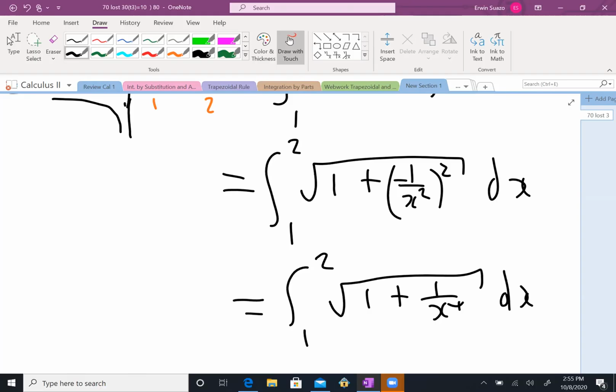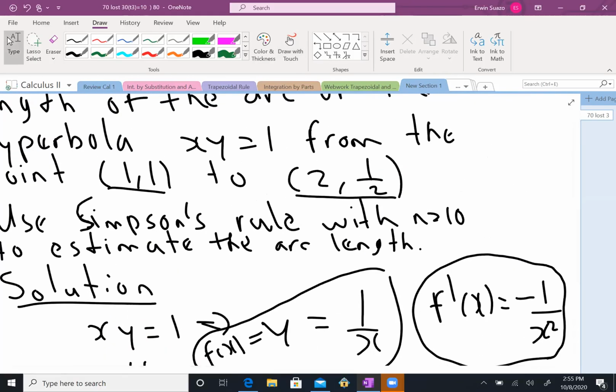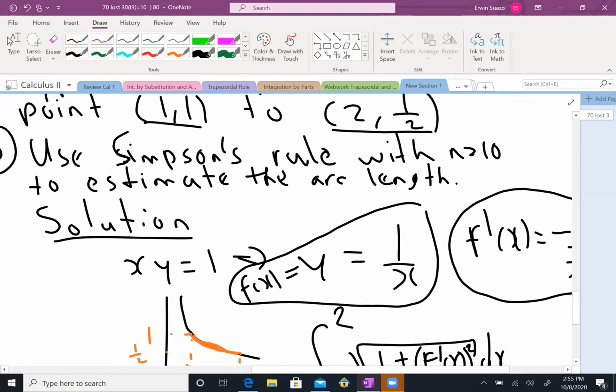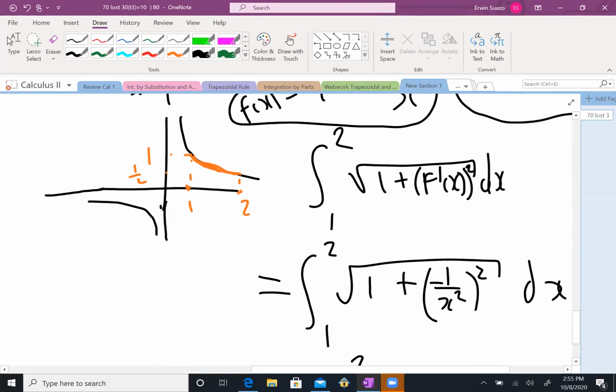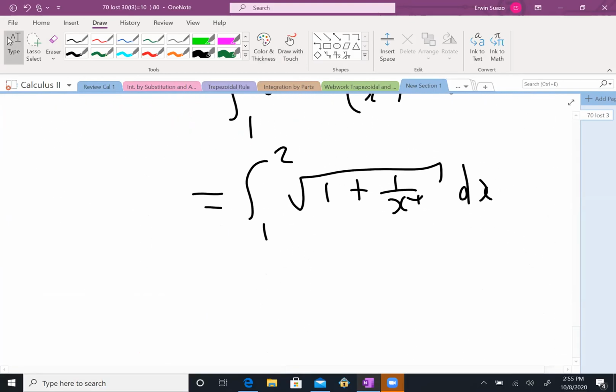So we're going to use Simpson's rule over here. Use Simpson's rule with n equals 10 to estimate the arc length.